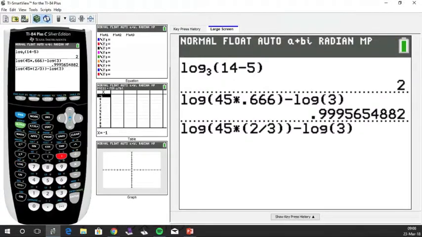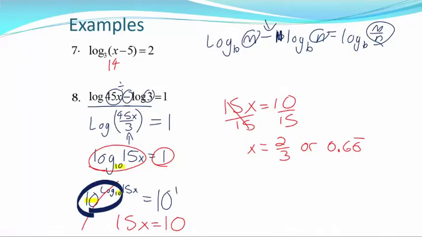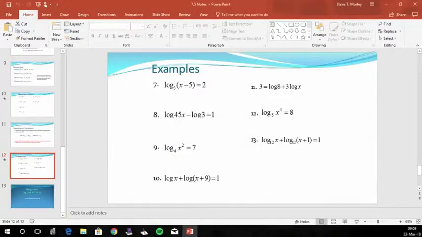So that's why I used a decimal the first time. But now I put in the exact fraction, 2/3, so I should get the exact answer 1. Right. So it works. So that's a good way to check your answer, is by plugging it back in and seeing if it comes out accurately or not. So let's try number 9.